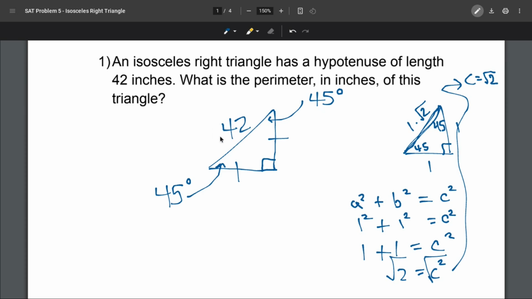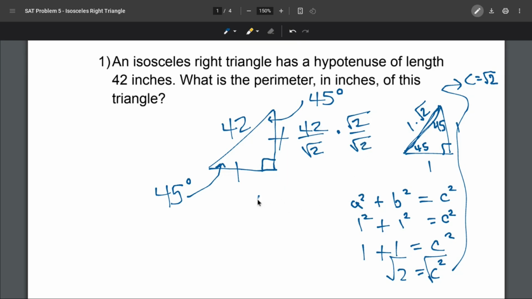So because this is 42, if we divide this by the square root of 2, it will equal the length of these two sides. So this one is going to be 42 over the square root of 2, and we want to rationalize our denominator, so we're going to multiply by the square root of 2 over the square root of 2.